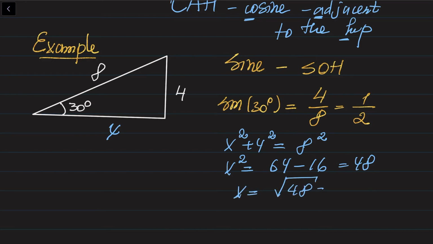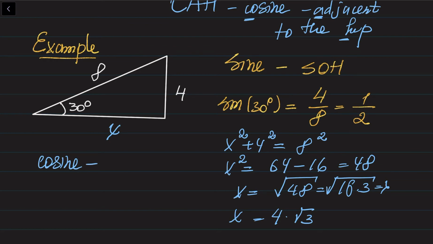So please note that I can write this down as 16 times 3, right? 16 times 3. Then x can be written as 4 times the square root of 3. Okay? Then I can evaluate the cosine of this angle. Cosine. So please note that the cosine can be abbreviated as CAH.